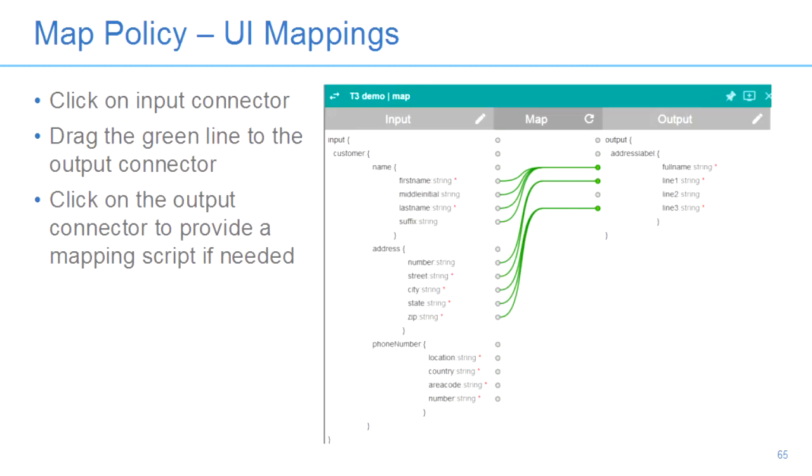Yeah, the UI itself, just by virtue of the fact that you have 4 individual properties being mapped to one, generates for you by default a JavaScript statement that is effectively the concatenation of all 4. And you will see some examples later on of the type of JavaScript that you can put in there.